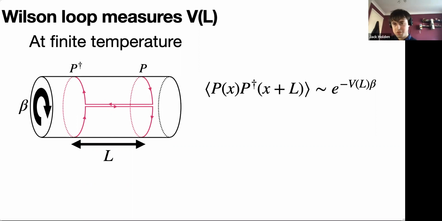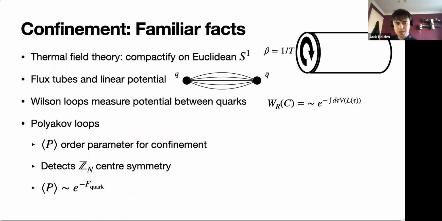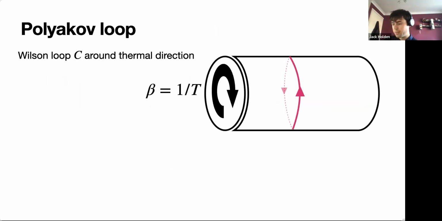And Polyakov loops are very interesting for their own sake, which brings me to the fourth idea in the fully confined phase that I'll be making use of in this talk. Polyakov loops are very significant, and I'll talk about them in quite a bit of detail now. A single Polyakov loop is an order parameter for confinement, and its associated symmetry is center symmetry, and it can be thought of as measuring the free energy for a single quark state, and I'll discuss these points in detail now.